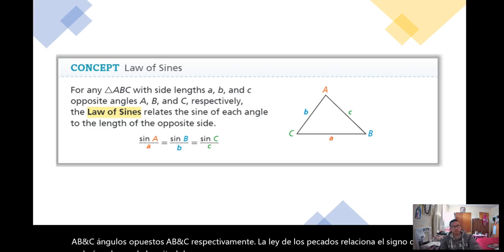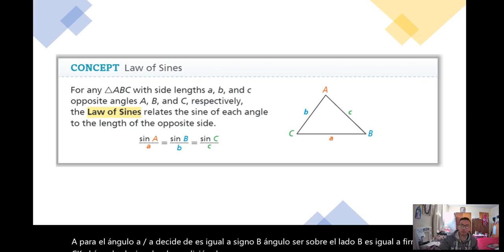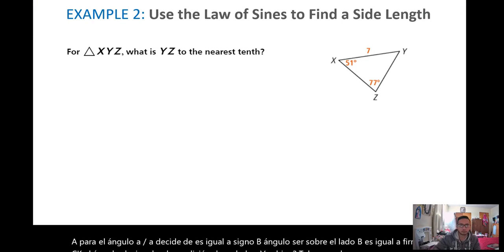So we have sine A over a is equal to sine B over b is equal to sine C over c. Maybe we can apply that with an example.